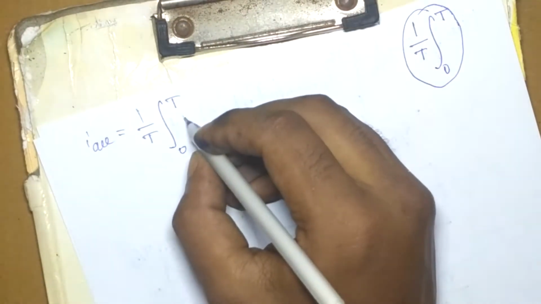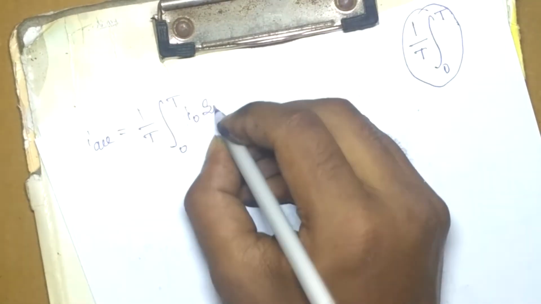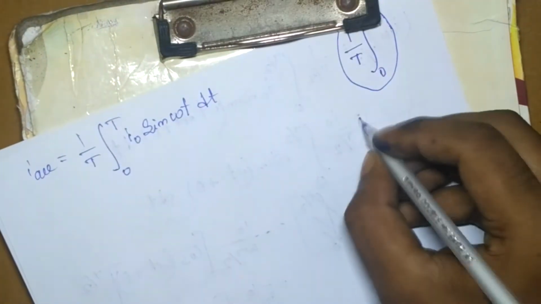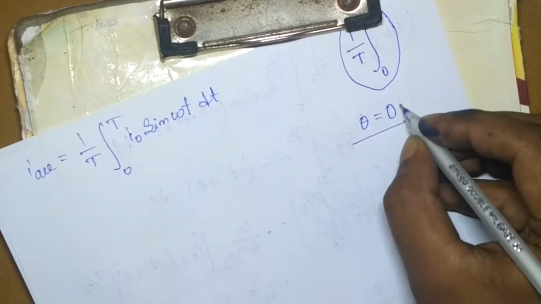So here it will be I0 sin omega t dt. Here we have taken theta to be equal to 0.